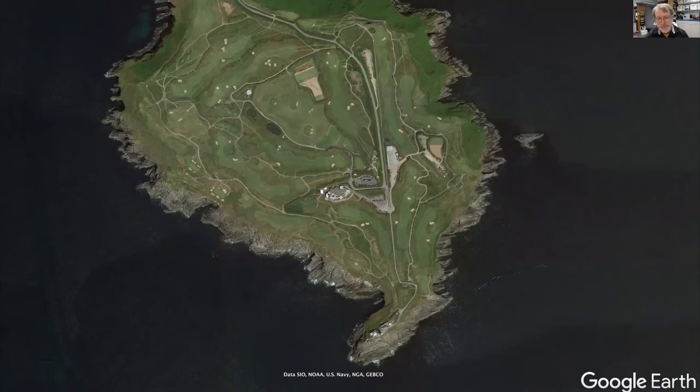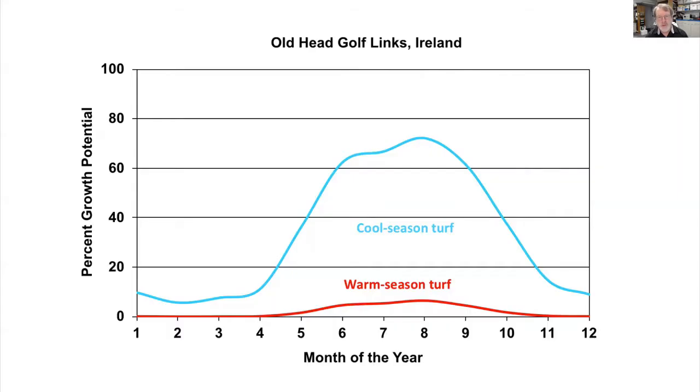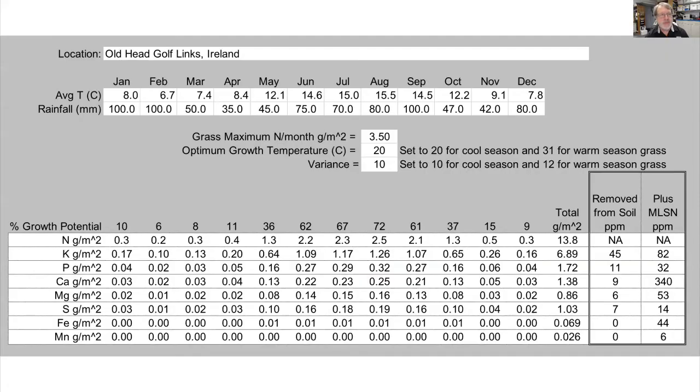So that's a good way to do it, but I think you need to still look at some soils to make sure you have a little bit of buffer in the soils. So this is what the curves look like for growth potential at the old head, and the estimated amounts of nitrogen that he'd be using is down here at 138 kilograms per hectare.